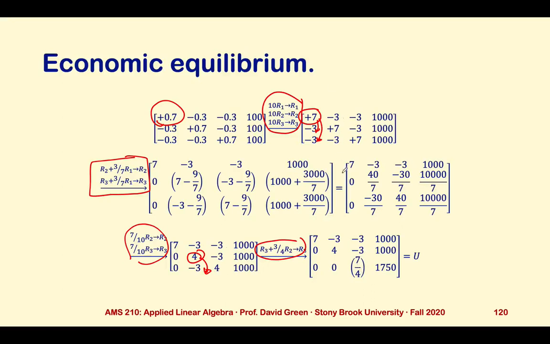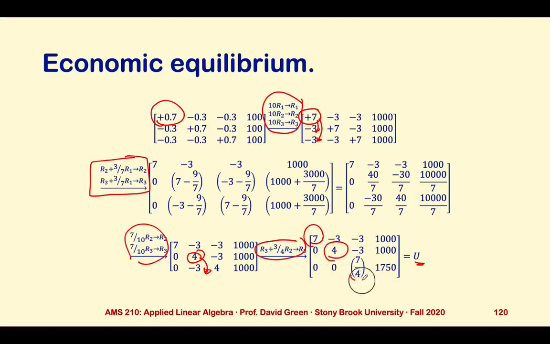This one I did without writing the intermediate step. And for the right-hand side, 1,000 plus 3/4 of 1,000. 3/4 of 1,000 is just 750, so 750.